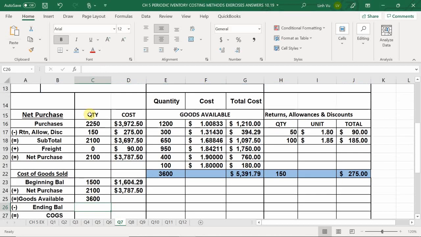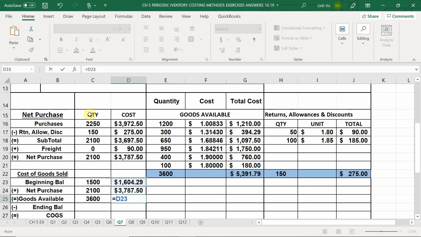I should have a total goods available of 3,600 units at a total cost of $5,391.79, which is exactly what is in my table right here. Okay.